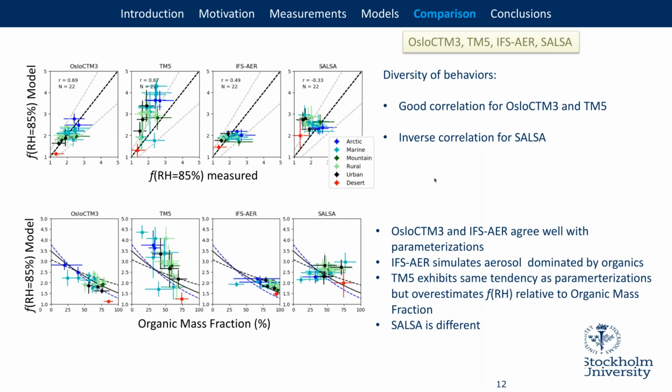And if we focus on the organic mass fraction, we can see how Oslo CTM3 and IFS aerosol agree well with the parameterizations, as IFS aerosol simulates aerosol which is dominated by organics. TM5 exhibits the same tendency as the parameterization, but it's overestimating F of RH relative to the organic mass fraction, and SALSA is behaving again differently here.